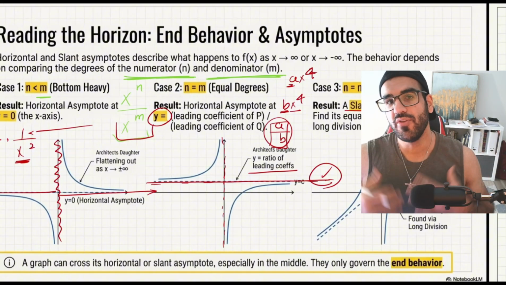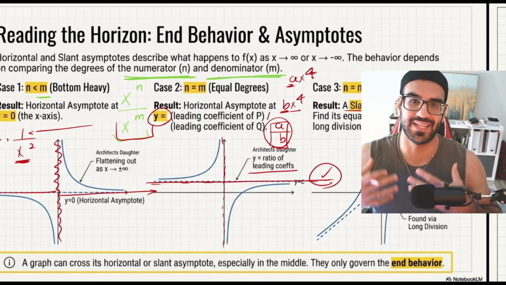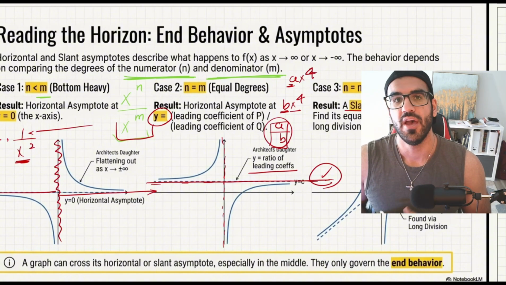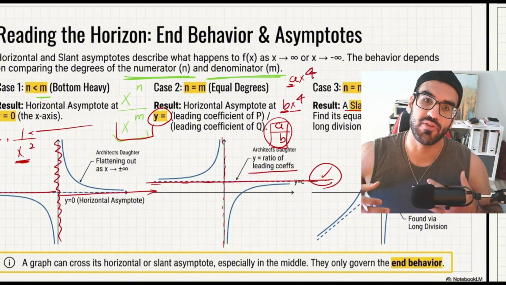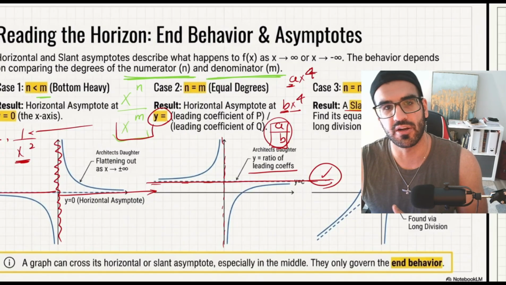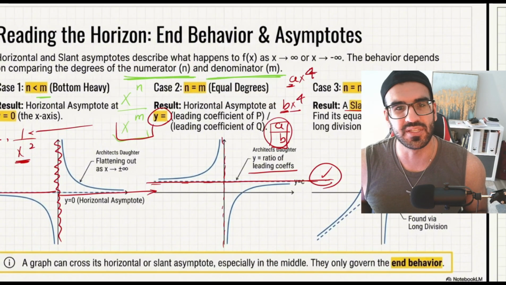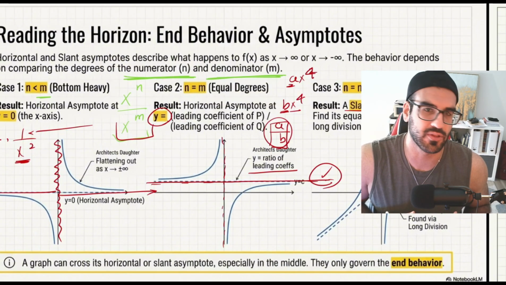When we're talking about the term with the highest power, we are assuming that at the end of the day, we are dealing with big numbers. When you're dealing with big numbers, those other terms like x to the power 1, number 2, 3, 4 are not going to be considered because they don't have that much effect on our system.